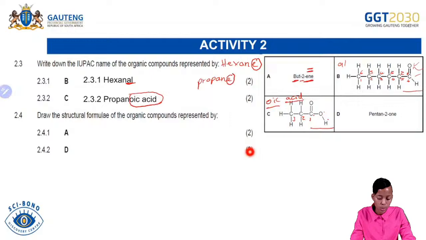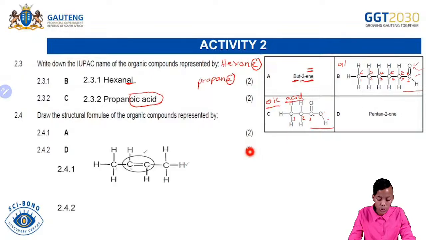So what are you going to do? You are going to draw your 4 carbons. There's your 4 carbons. 1, 2, 3, 4 carbons. And then from there, if I am to redraw, you will draw your 4 carbons, then on carbon number 2.